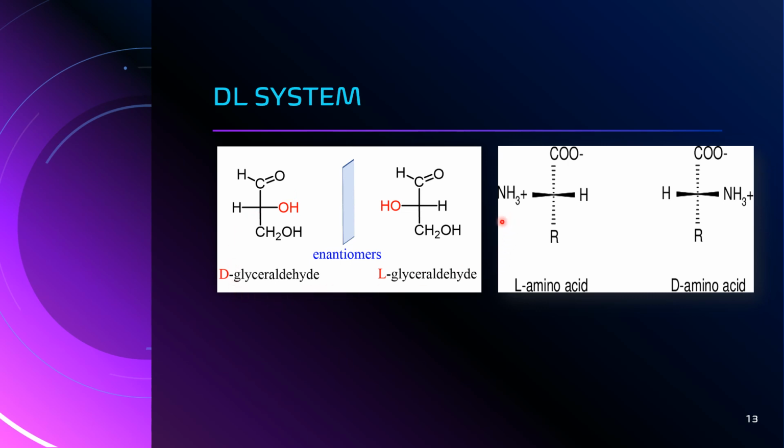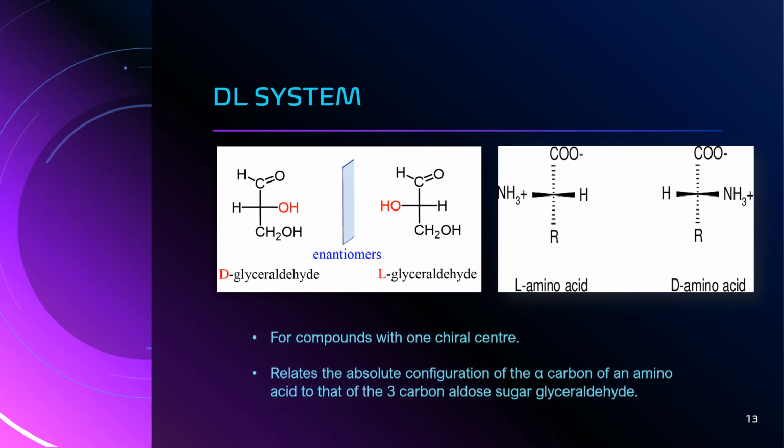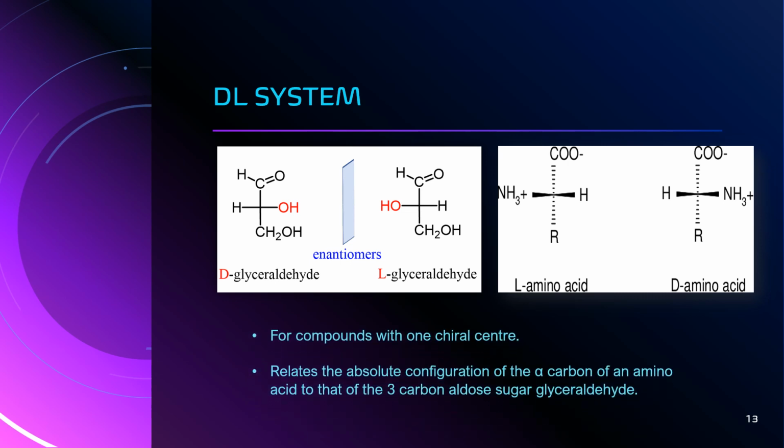Similarly, if the amino group is on the left side, we say it is an L-amino acid, and if the amino group is on the right side, it is a D-amino acid. But this DL system is for compounds with one chiral center, which means it is applicable only to amino acids with only one asymmetric carbon.